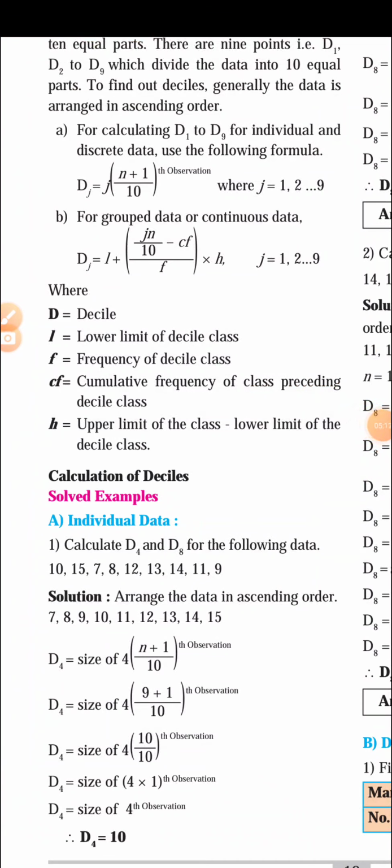Next is the formula for calculation of deciles under continuous series, or when grouped data is given.